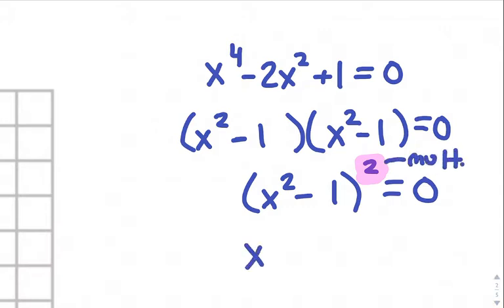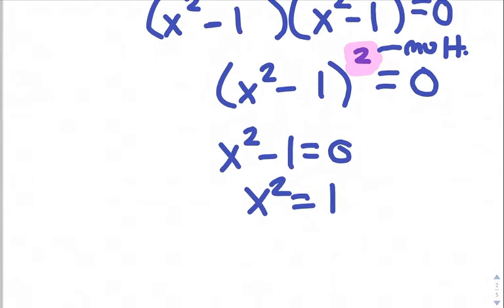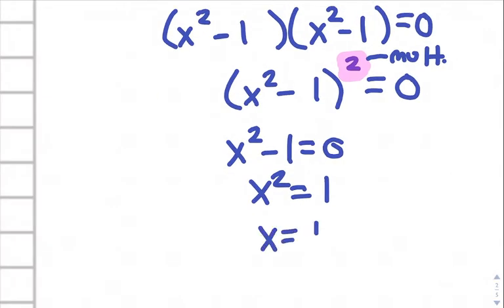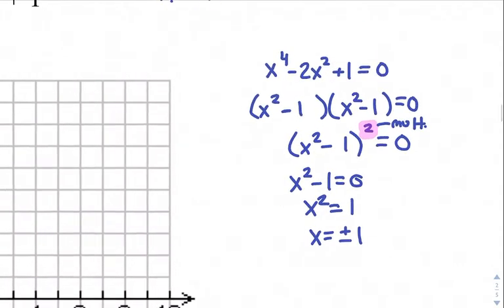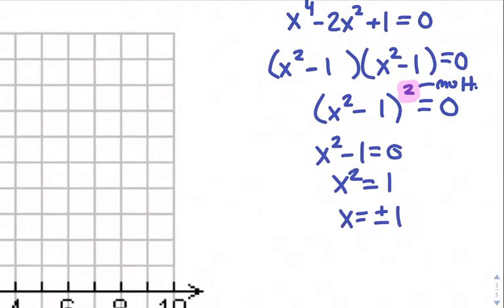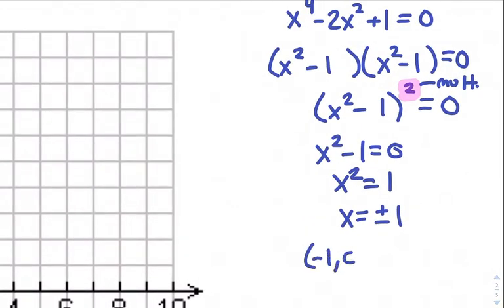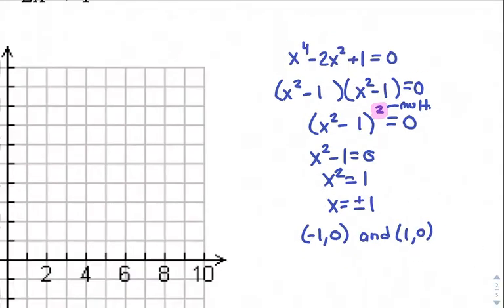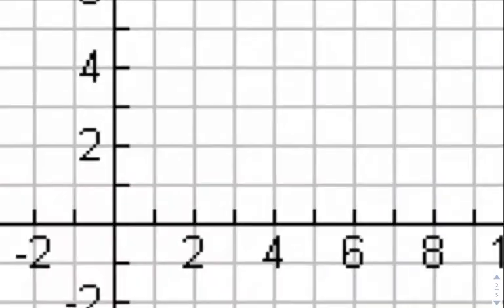So when I set this equal to 0, I'm going to get x squared equals 1. Square root of 1 is plus or minus 1. So I know my x-intercepts are at negative 1, 0, and 1, 0. So now I'm going to plot those points.